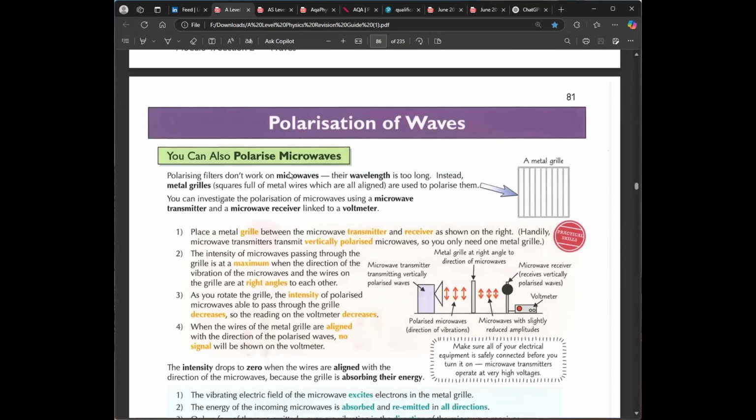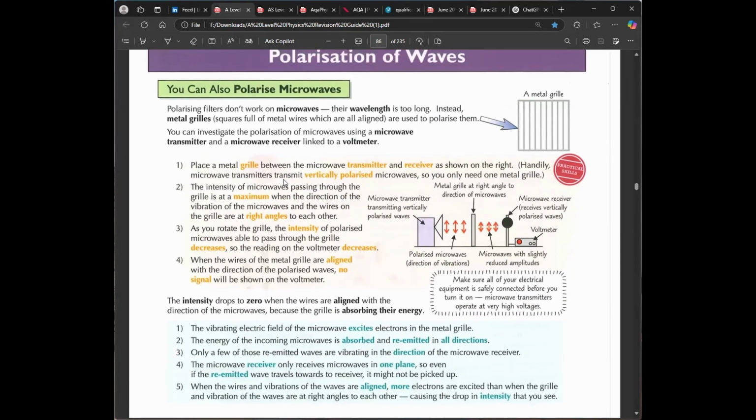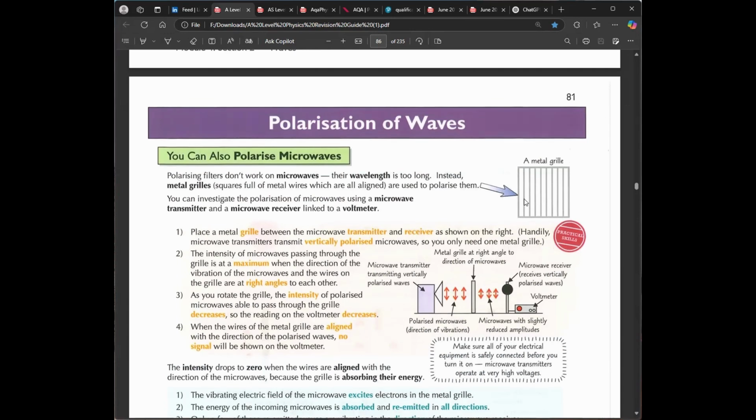Polarization of waves, they are again talking about it. They say that when you have radio waves, because they have very long wavelength, you can't witness polarization if you have very thin lines, or when the distance between the lines is very short.